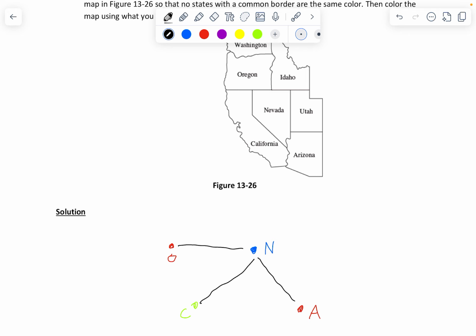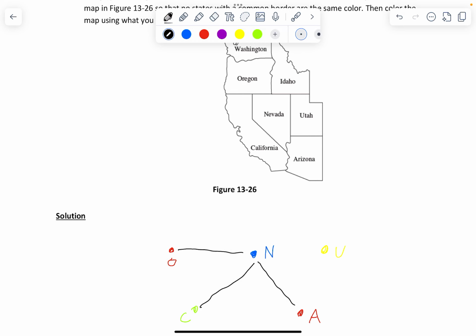And Utah, we'll make yellow, I guess. It's kind of hard to see. That needs to be U for Utah.